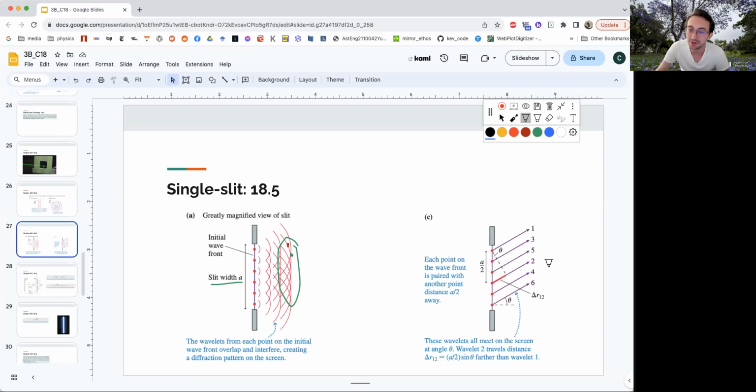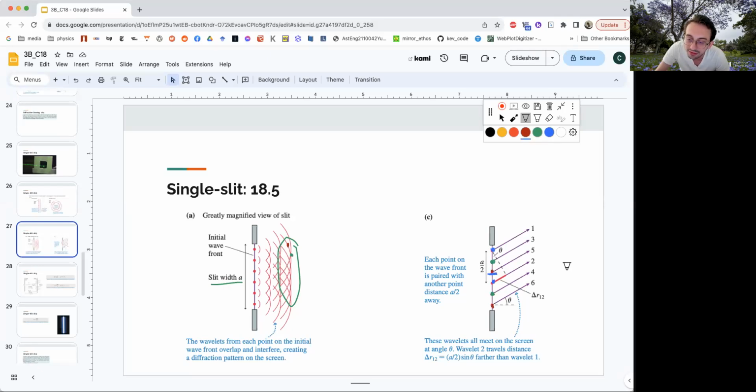I don't want to dig too much into it, but basically we can think of the light at the top of the opening as being matched with the light right below the middle of the opening. There are a bunch of pairs like this. The next one would be this light and this light. So 1 and 2 match up, 3 and 4 match up, and 5 and 6 also match up.